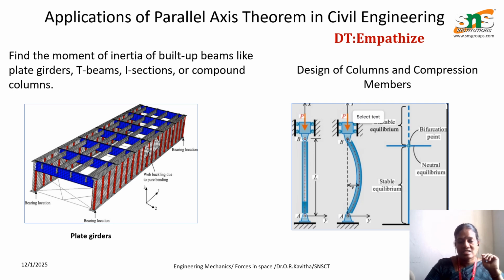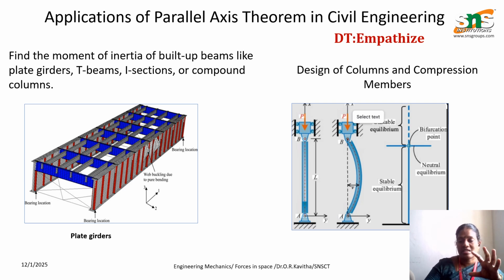Here this is a steel structure, and this is a plate girder I have chosen. The plate girder has different components. This is an I section, and this is also an I section. They have placed different I sections, so this is a built-up beam.